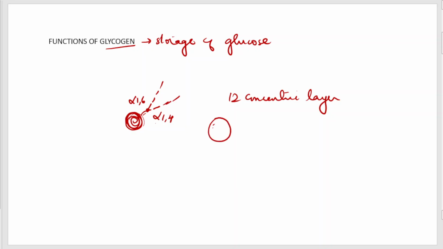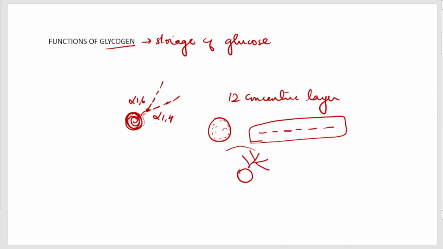If the glucose residues had to be stored in a linear fashion, it would take a lot of space. Rather than that, since it is arranged as branches, more glucose residues can be stored in a compact, small area. So this is the function of glycogen.